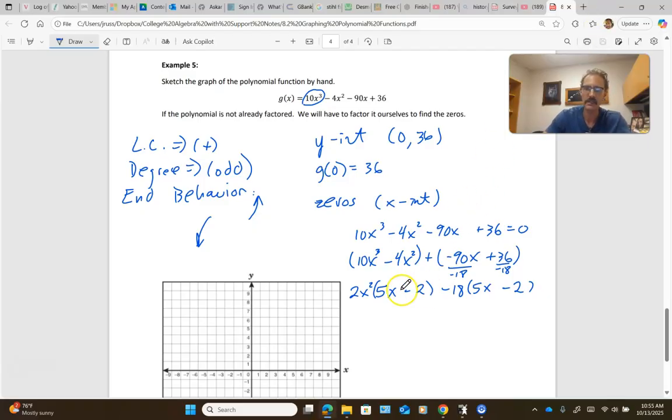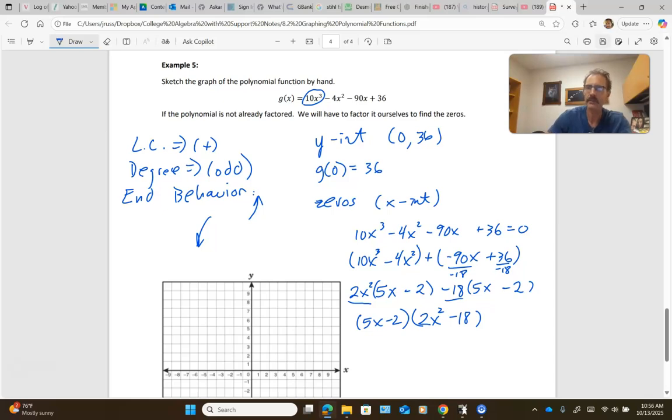And so now you can see that I have a 5x minus 2 common to both of these terms. So then that becomes my greatest common factor. And I just plug in my second set of parentheses what I have left over, which will be the 2x squared and the minus 18. Okay.